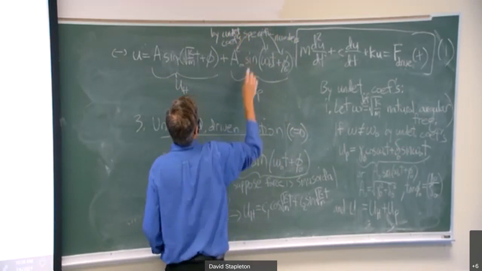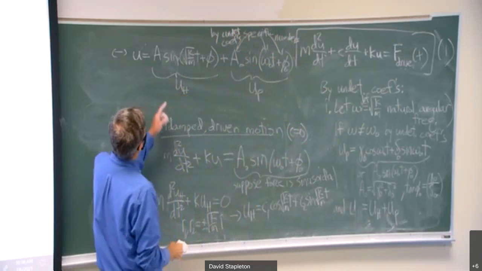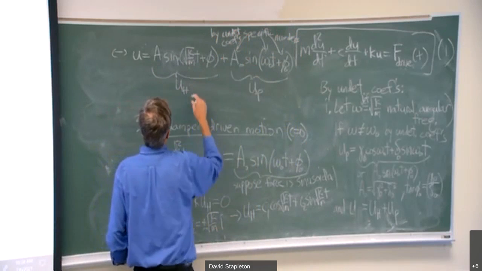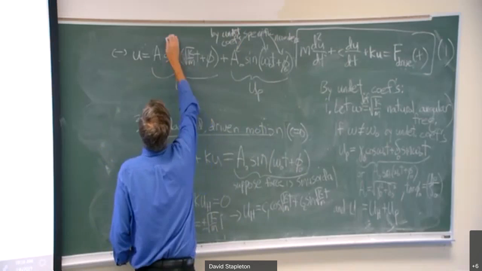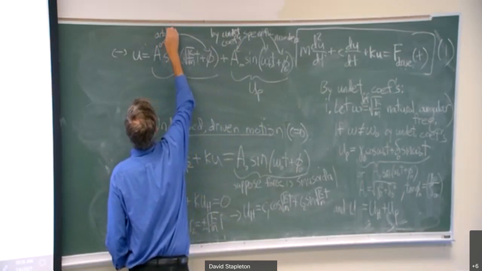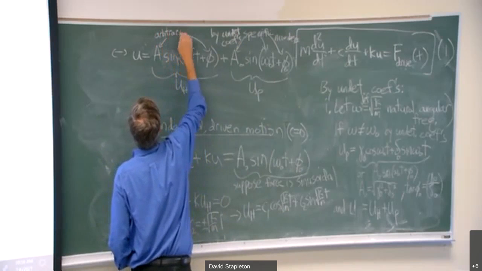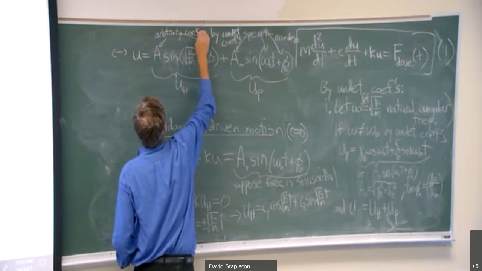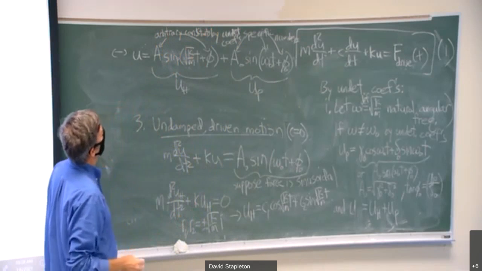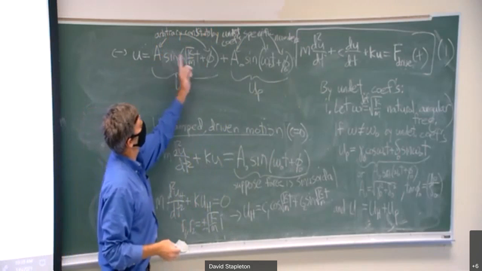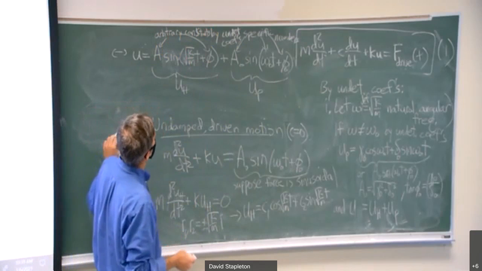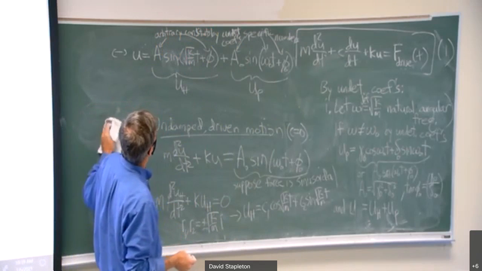But A and phi and K and M are given. A and phi are arbitrary constants. They're determined by the initial conditions. So you put in the initial conditions, it just determines these two. But everything else is set.